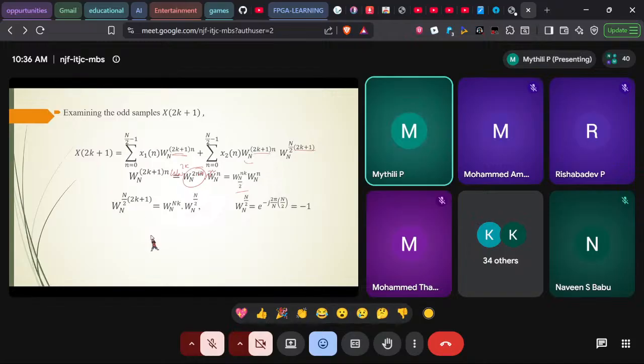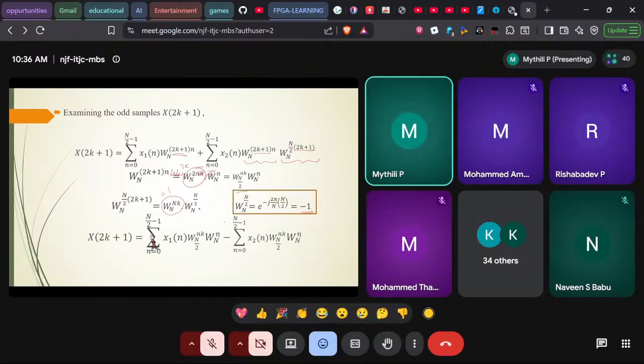Here, this one we already simplified. You see that you get a Wn of nk, that's 1. We already did this in the last case. And Wn of n by 2 is nothing but minus 1.